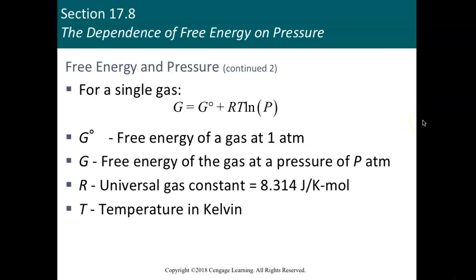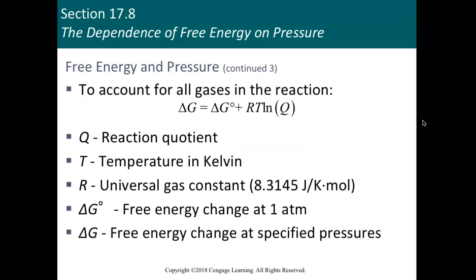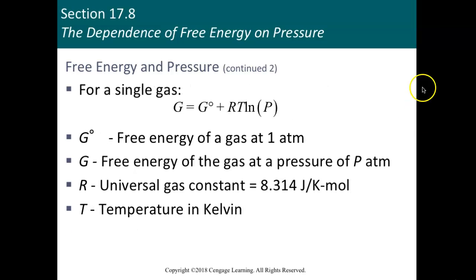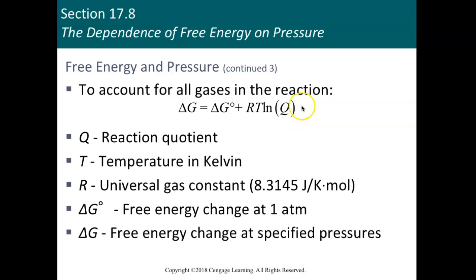Now, how does this apply to a reaction? Well, we want to look at all of the gases in the reaction, and you don't necessarily need to know how I get from this equation to this equation, because this is the one that we're primarily going to be using.